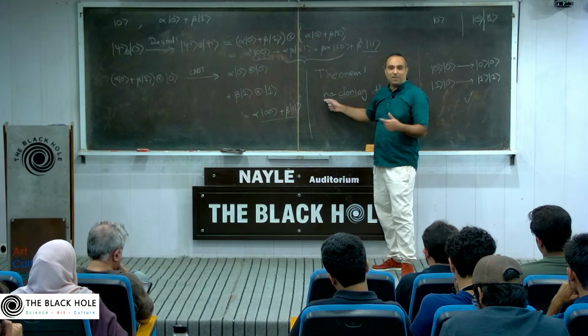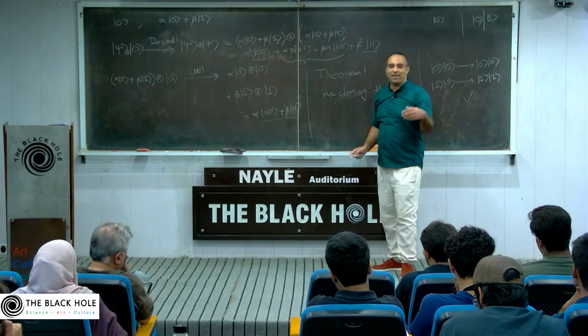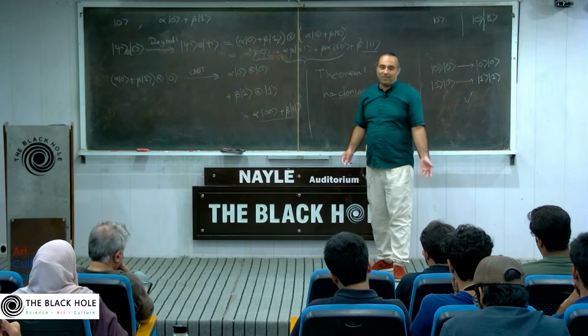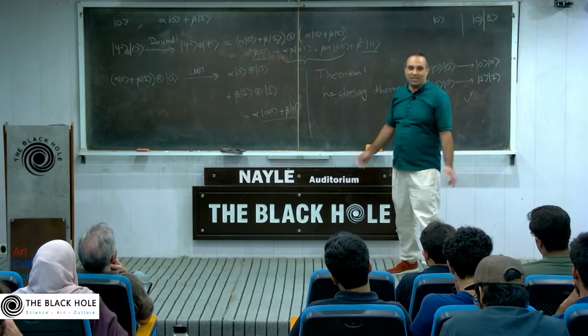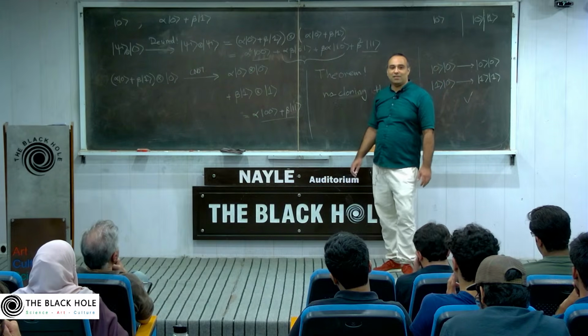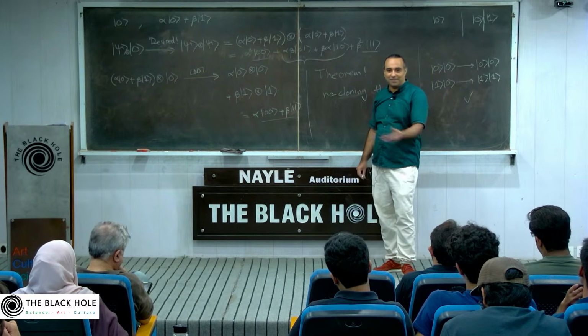You cannot copy a quantum state. So if you try to copy, you would destroy that state. If you make any measurement on that, you would destroy that. So I mean this destruction is good actually. Okay, so that's the basis for secure quantum communication. This simple thing.